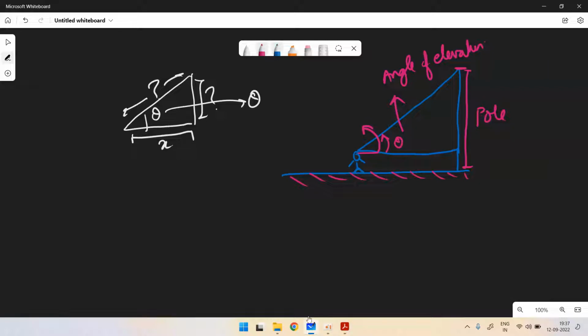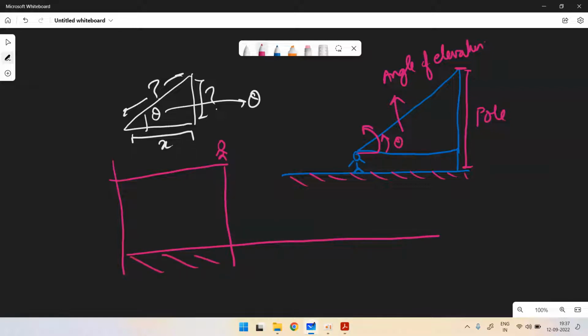The opposite of angle of elevation is angle of depression. What is angle of depression? Suppose you are on top of a building and you are watching a point on the ground. You are observing this rock. So you need to bend your eye downwards, which implies that this angle, this line is parallel to the eye, and this is parallel to the eye.